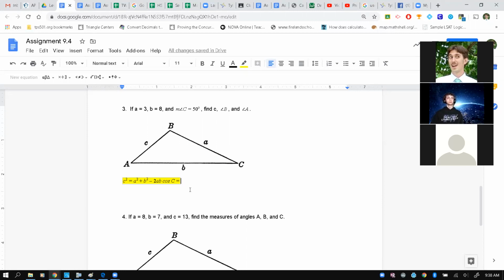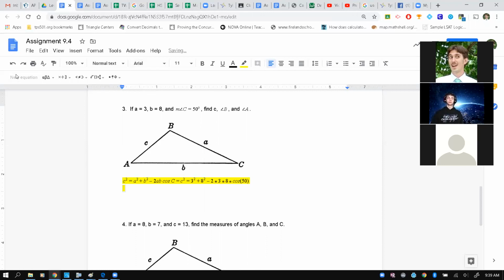So if we plug in our givens, we'll get C squared is equal to 3 squared plus 8 squared minus 2 times 3 times 8 times the cosine of 50, and make sure your calculator's in degrees.